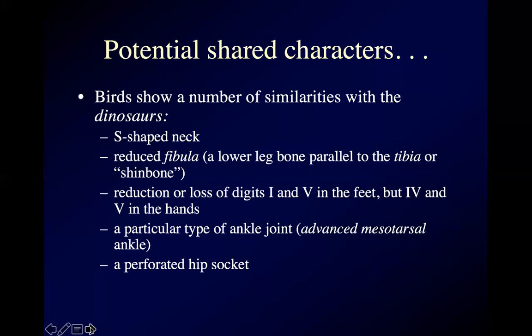In you, the socket is a hollow that the ball of your thigh bone fits into, but it's complete. Whereas in birds and dinosaurs, there's actually a hole in that hip socket.